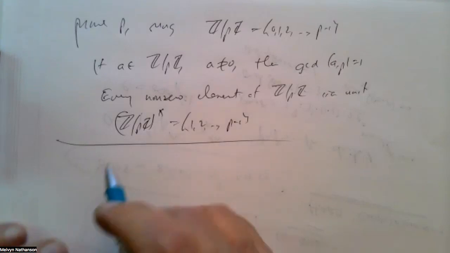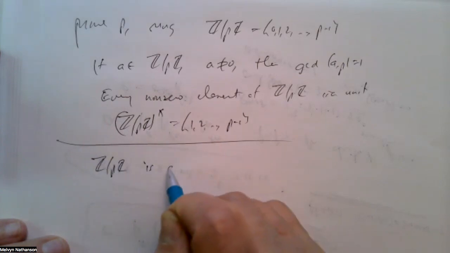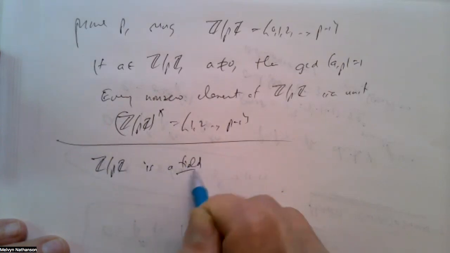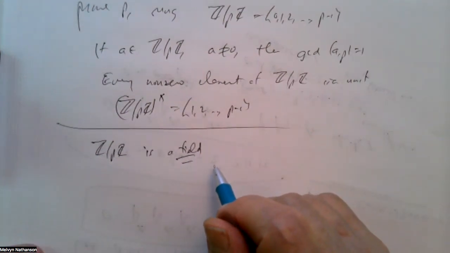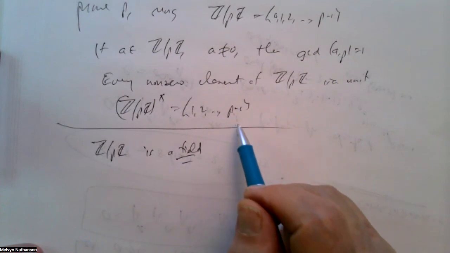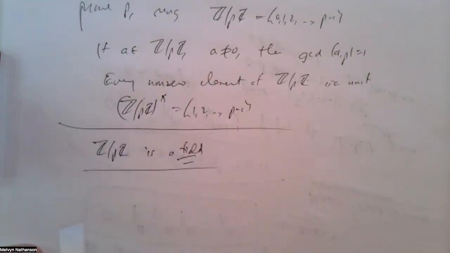And in fact, you can say that Z mod PZ is a field. A field in mathematics is a set where you have addition and multiplication, and every non-zero element is a unit. That's really what that means. We're going to talk about fields later in the course.